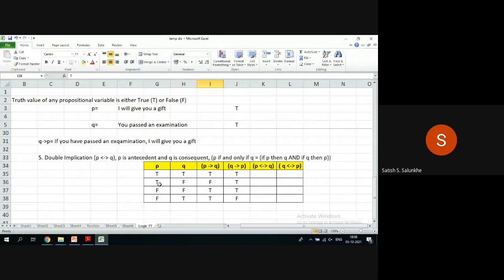So we already discussed what P implies Q is. We are given these truth values. What is P implies Q? What is Q implies P? And then it is basically the AND operation of these two. Let me just copy this.